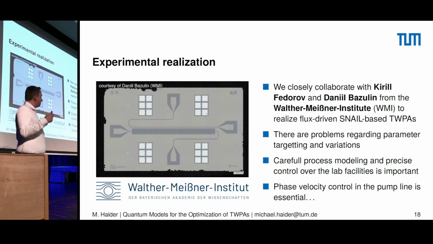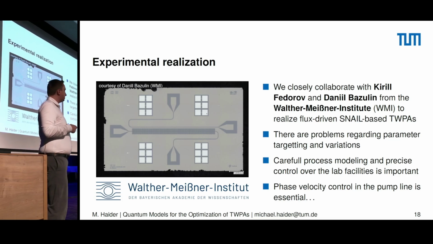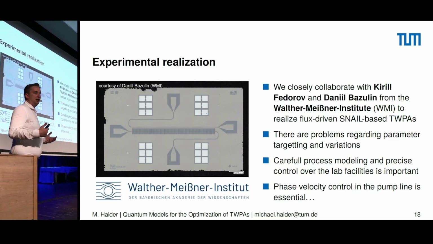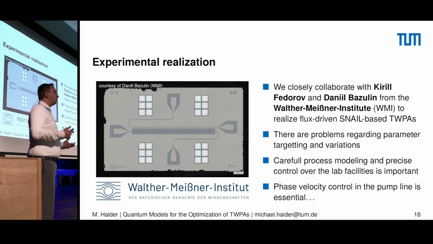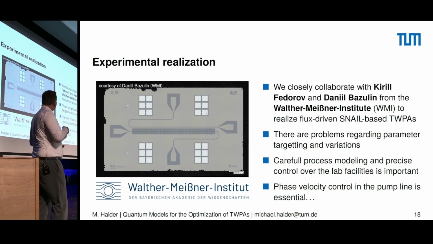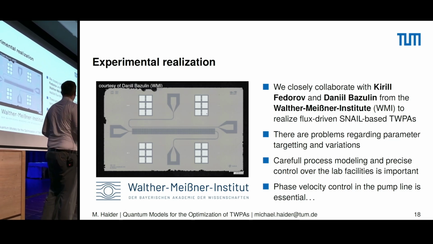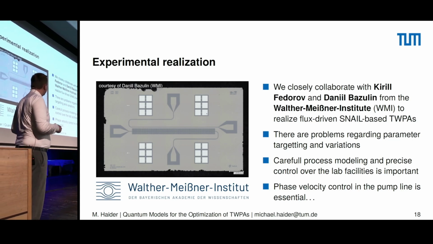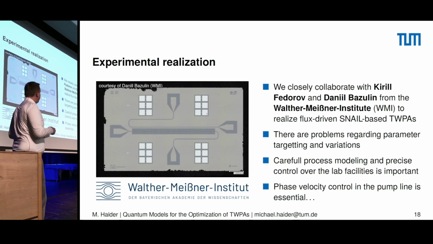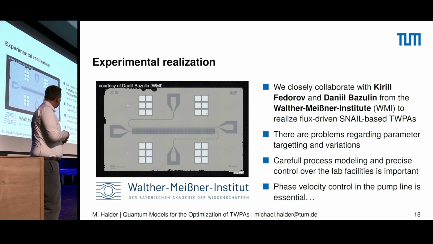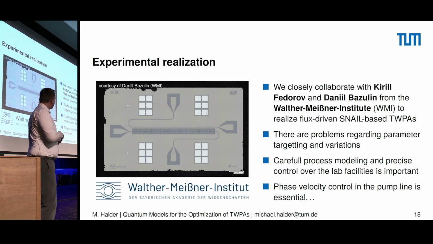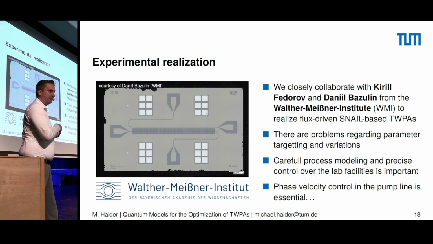So we notice a lot of problems in the experimental realizations, and the next steps are basically, together with Kirill and Daniel, to get a better understanding of how we can actually improve the device, do some careful process modeling, have good control over the lab facilities, and get better parameter targeting. And what we rather recently discovered is that we also need very good phase velocity control in the pump line and in the nonlinear TWPA line.